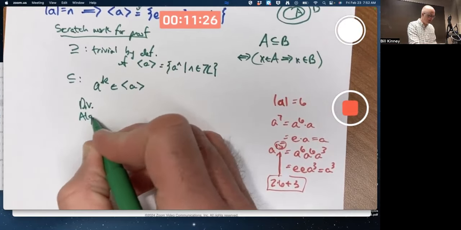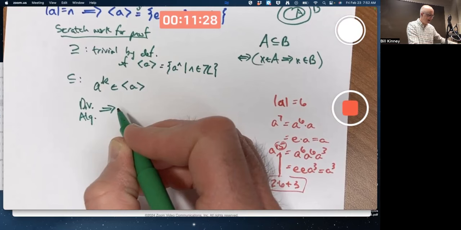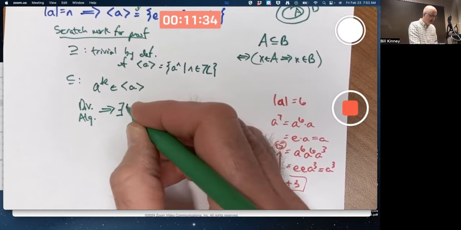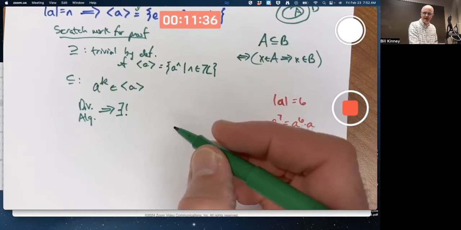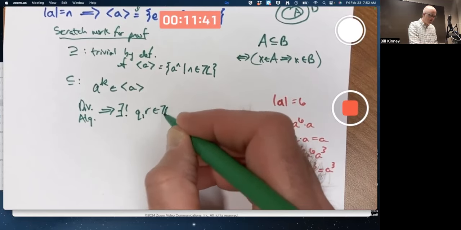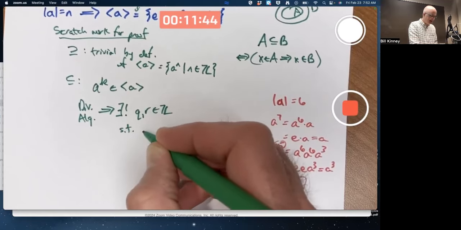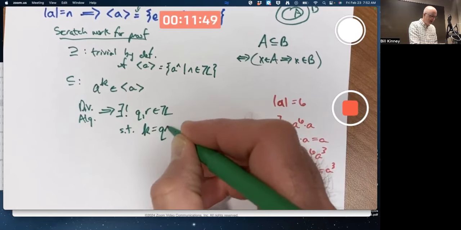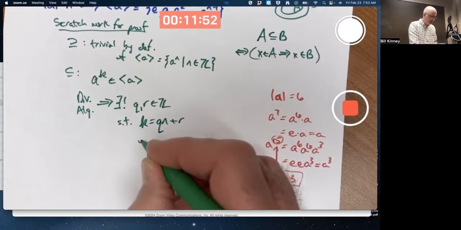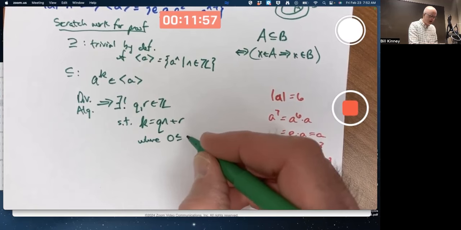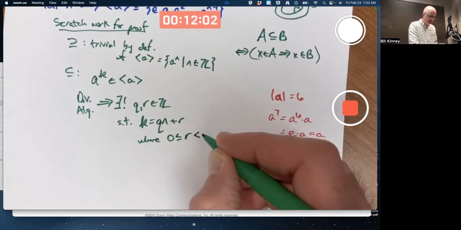The division algorithm is going to imply the unique existence of integers Q and R such that K, the power, is, since we're dividing by n, Q times n plus R, where the remainder, we talked about this before, is between 0 and what you're dividing by, n, possibly equal to 0, but not equal to what you're dividing by.